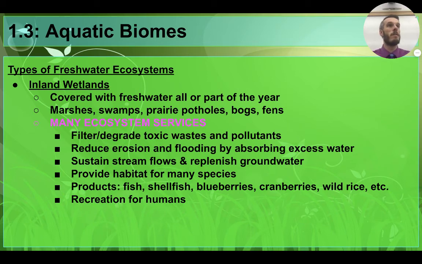And then prairie potholes are in really flat areas where glaciers dug out a little bit of a ditch, and water will sit in that for part of the year from rainfall. So all of these different types of wetlands provide ecosystem services. Wetlands are very beneficial, not just for the ecosystems that surround them, but also for humans too.